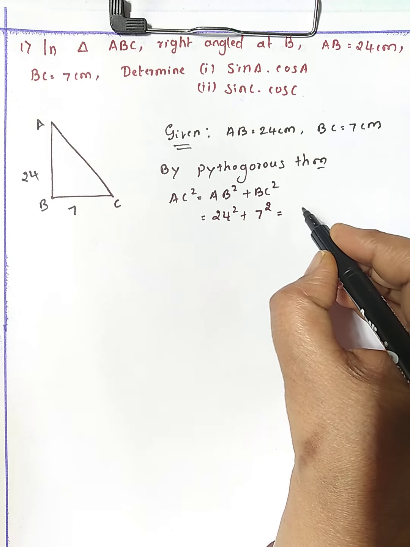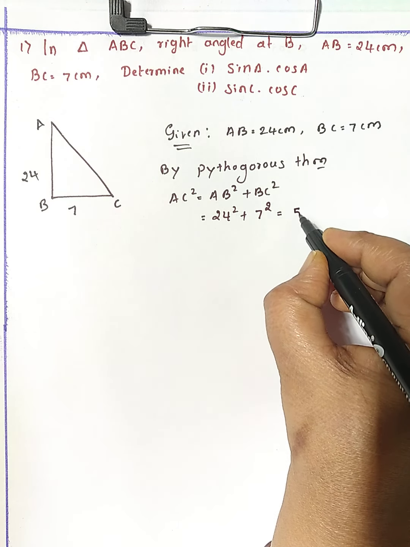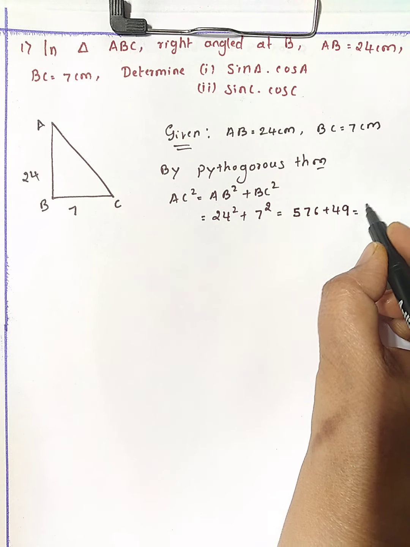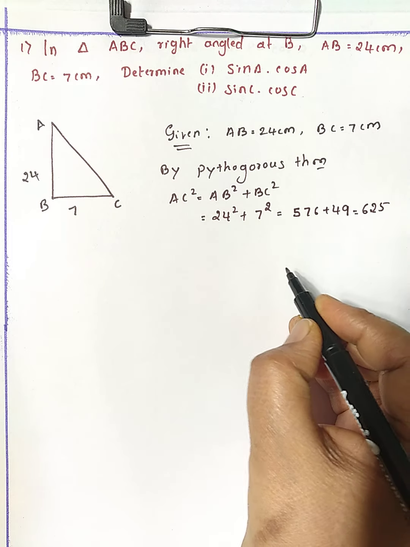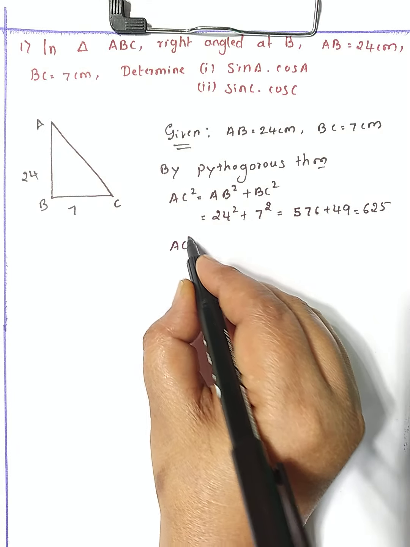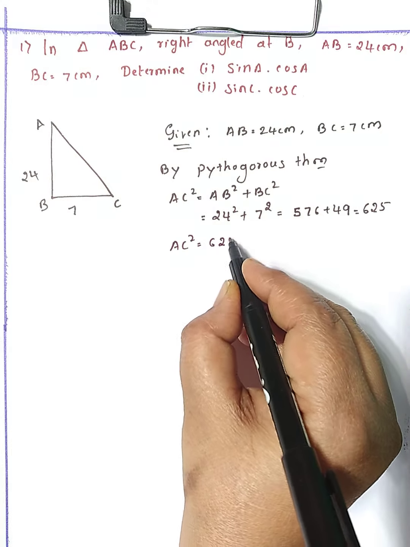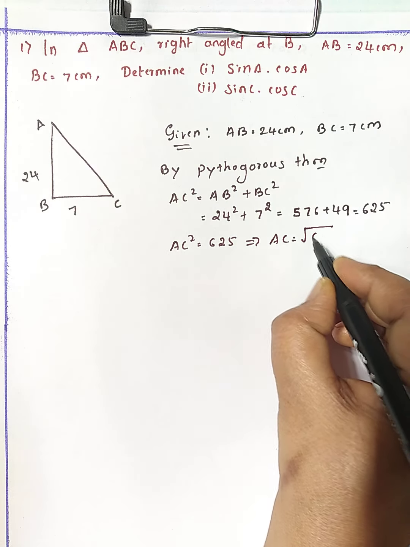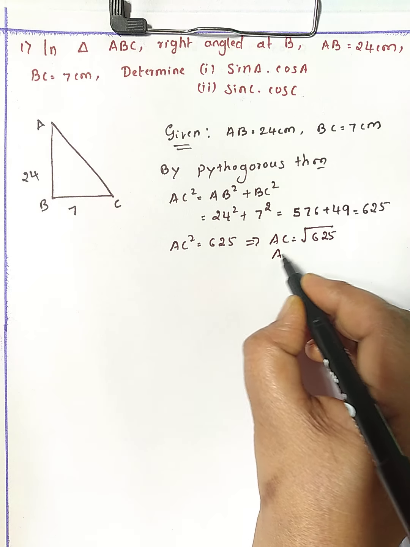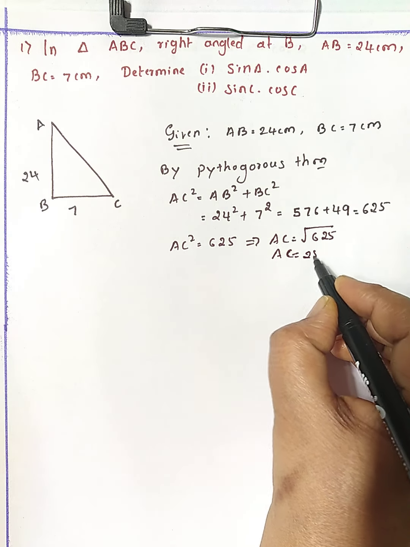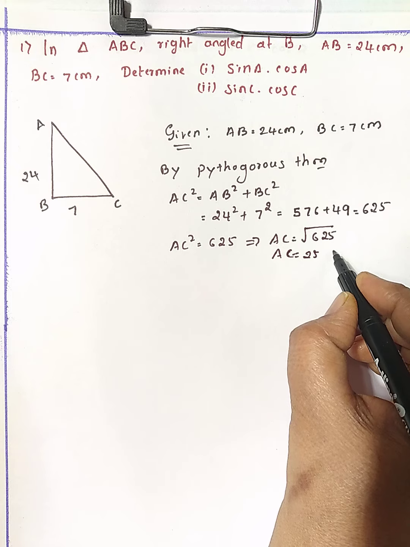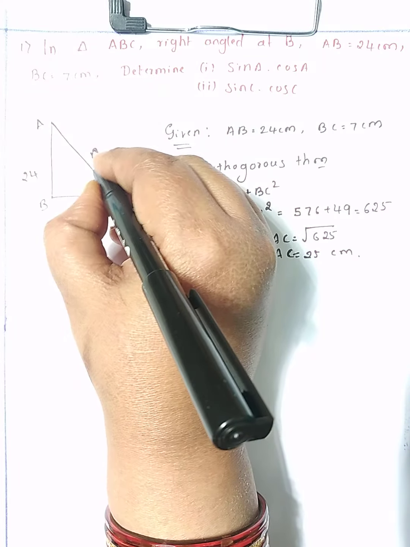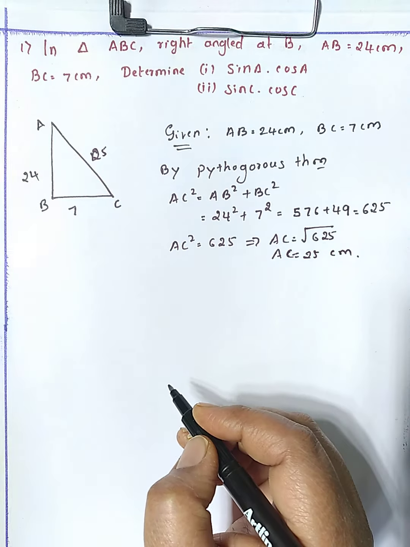The square of 24 is 576 plus 49. This is 625. Therefore AC square equal to 625, AC equal to square root of 625, AC equal to 25 centimeter. So we got AC equal to 25 centimeter.